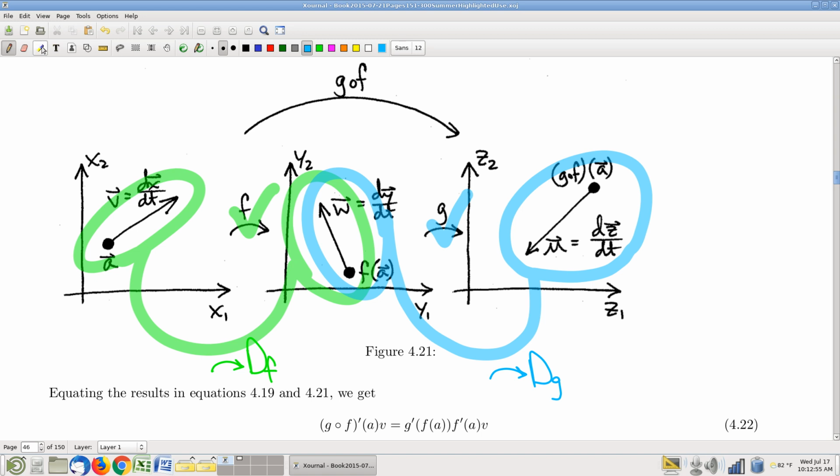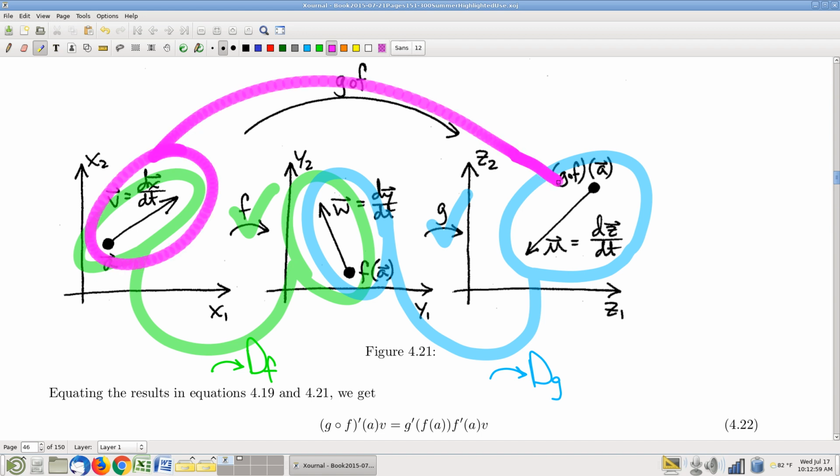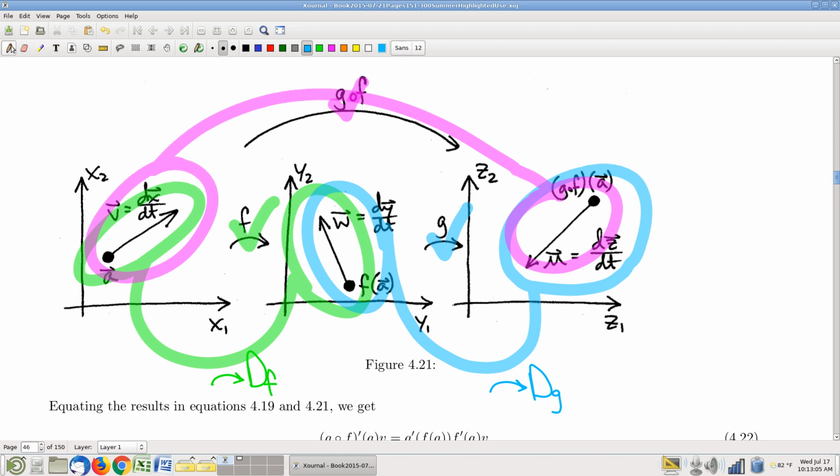What about the composition? Well, what's the relationship between those vectors, which, by the way, has to be the derivative of the composition. So altogether, I'm just plugging in effectively into the derivative transformation of g compose f. And what that means then is altogether, these two processes are the same.